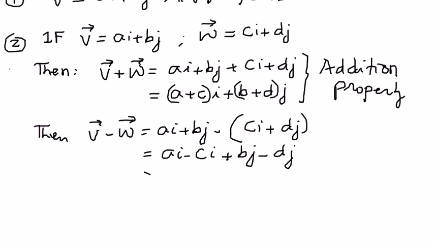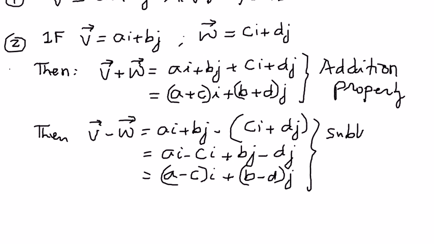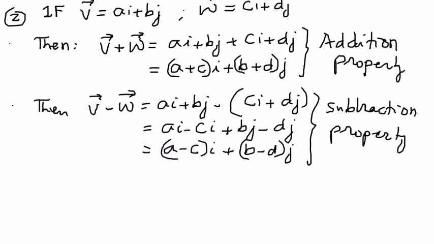Therefore we can write this one as (A minus C)I plus (B minus D)J. This is what is called the subtraction property. We will use these properties to solve some simple examples in my other presentations.